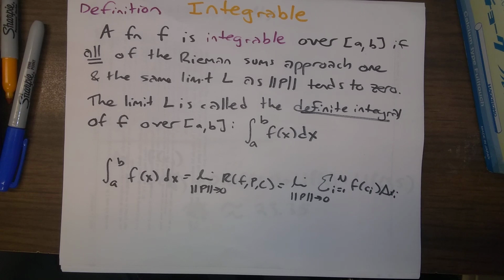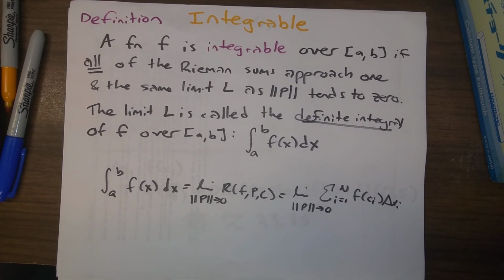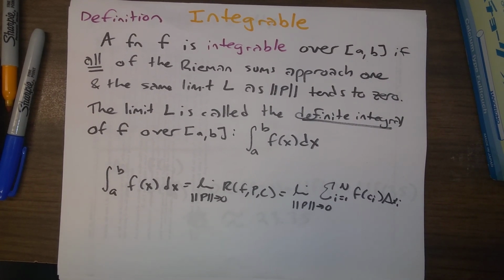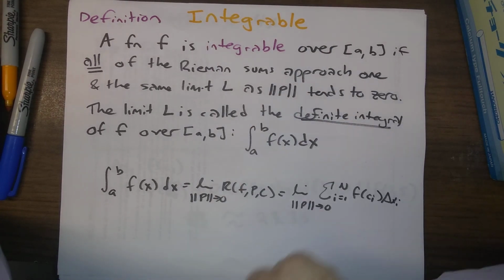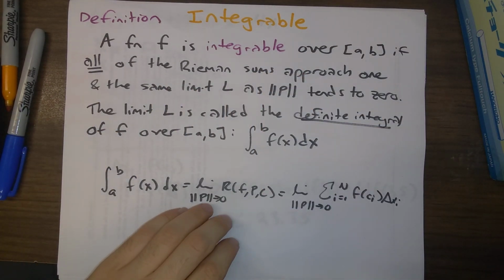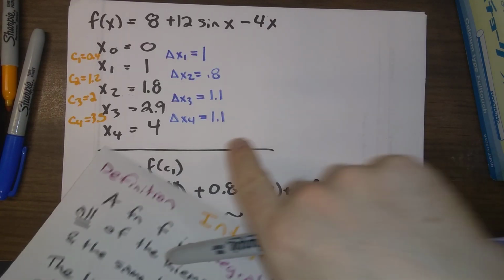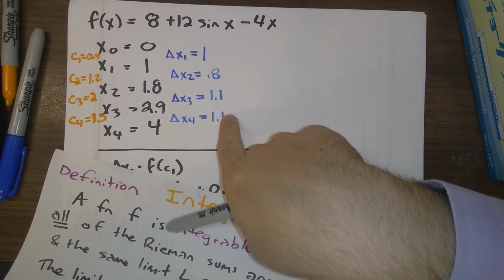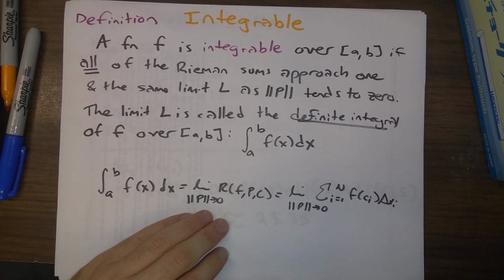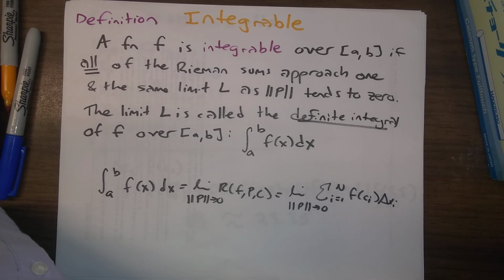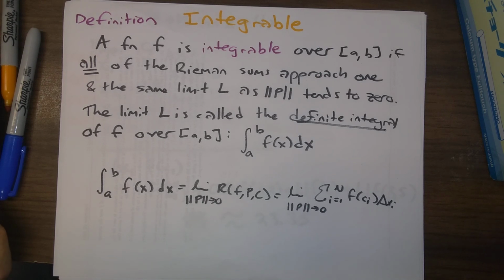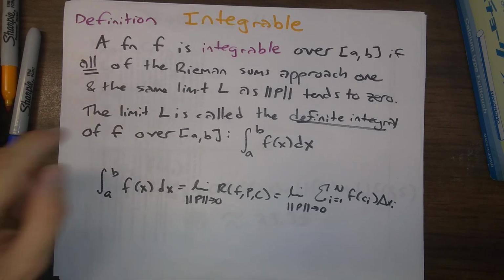A function is integrable on the interval a to b if every single Riemann sum approaches one and the same limit as we make the norm of our partition go to 0. Remember, the norm of P is the width of the largest subinterval. In this case, 1.1 would be the biggest. As the largest subinterval gets smaller and smaller, tending to 0, we say that this function is integrable.